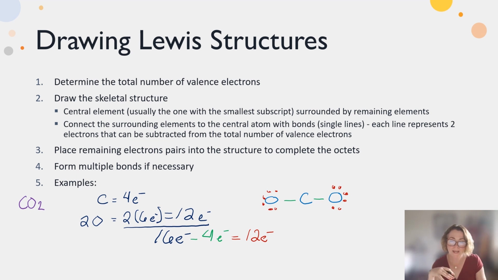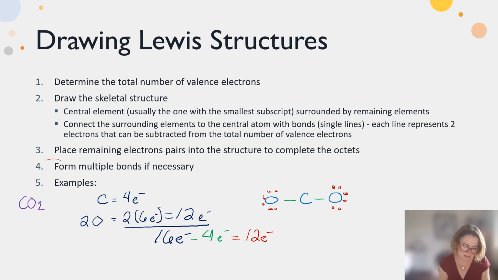Once I have done that, now I've used up all my electrons. I have 16 in here. And I need to check to make sure the octet is satisfied for every atom in this structure. For oxygen, for both of them, they both have a total of 8 electrons. However, my carbon only has 4. So I need to move things around so that the octet is satisfied.